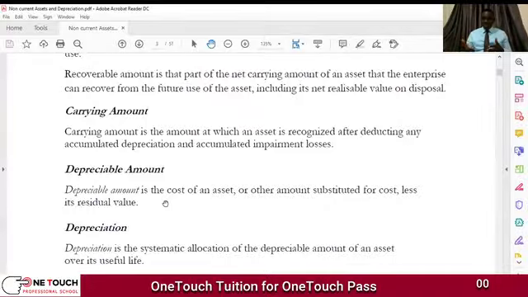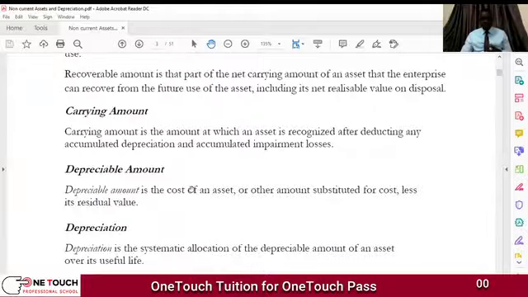That's a scrap value, or the value you can obtain from the asset after its useful life. If you deduct this 20,000 from the 100,000, you get what? 80,000. So the 80,000 is the amount available to be depreciated. That's the depreciable amount.